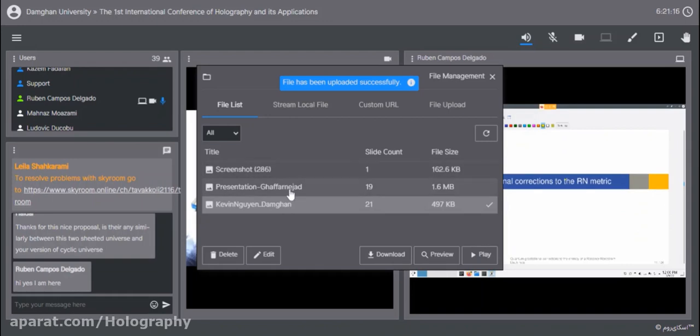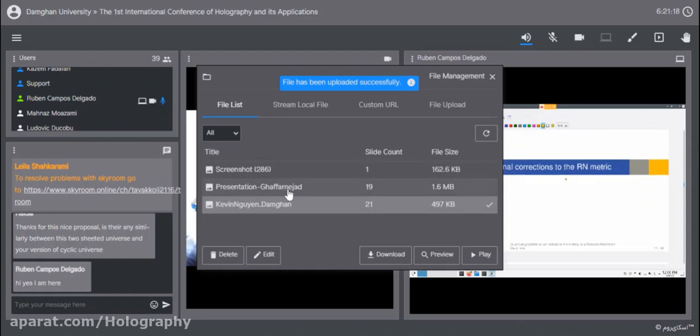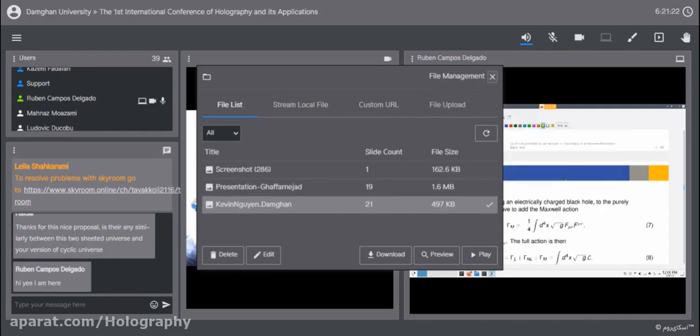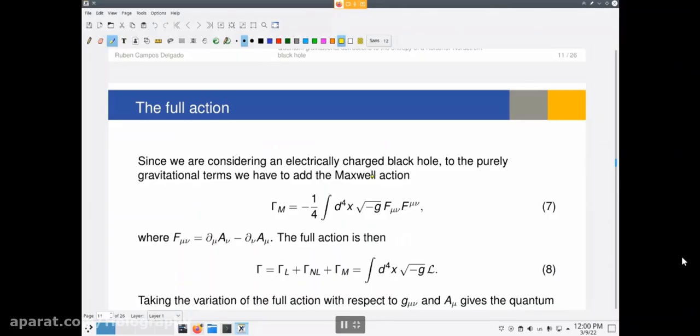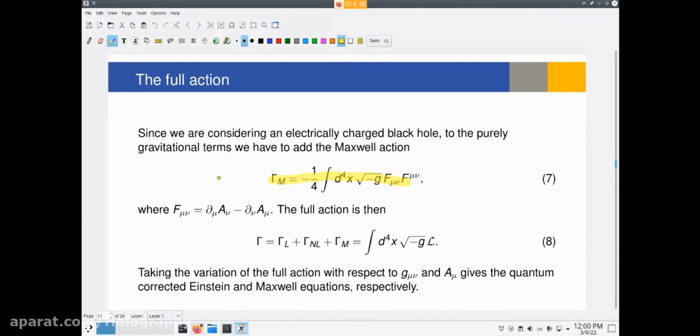So how do we compute the corrections to the classical RN metric? First, since we are considering an electrically charged black hole, to the purely gravitational terms we have to add the Maxwell action, where, as usual, F_{μν} is the electromagnetic tensor and A_μ is the connection for electromagnetism.